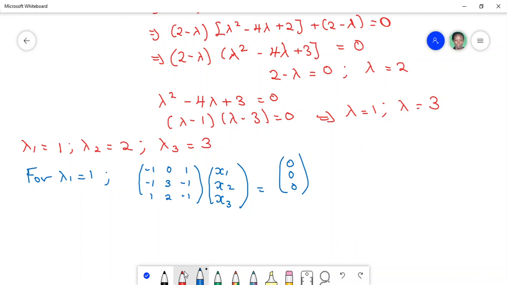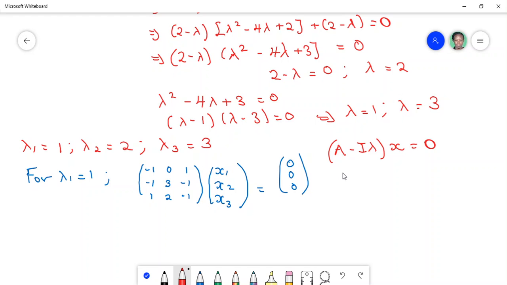So we initially said we have (A minus I lambda) x to be equal to 0. What is A? We know the values for lambda. So for lambda 1, you realize what was my initial A?